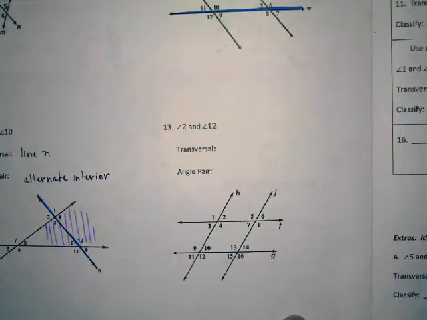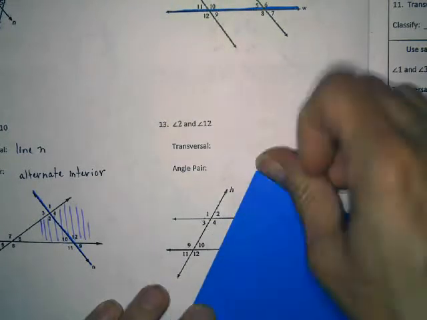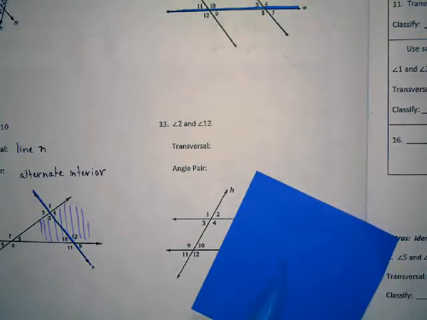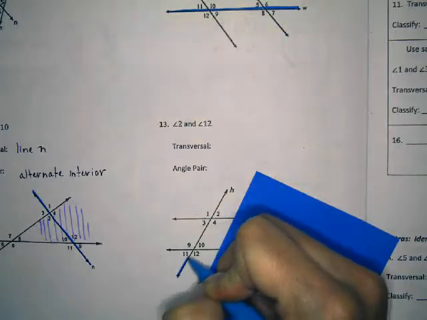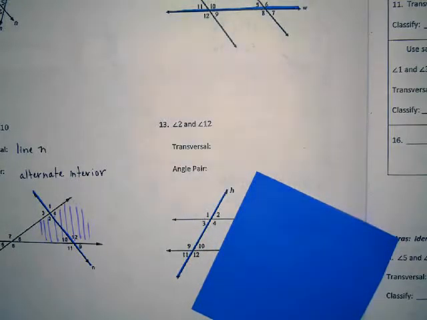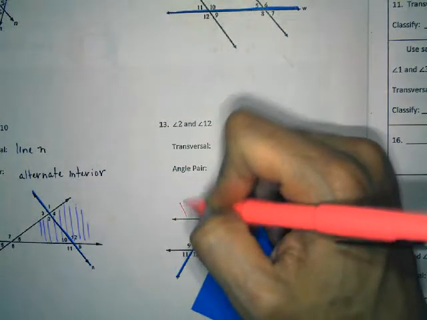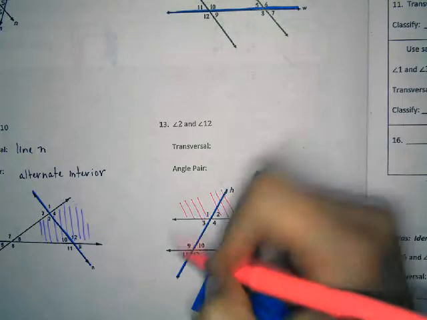Okay, so for our last example, now we're looking for angle 2 and angle 12, which I see right here. So I have 2 lines being intersected by this transversal. It looks like my angle pair 2 and 12, they're both outside the 2 lines.